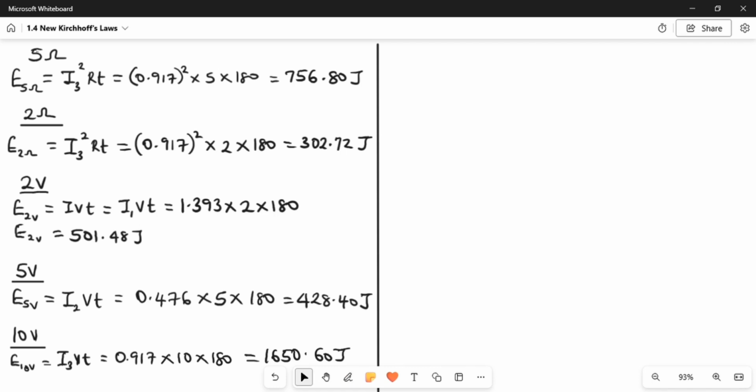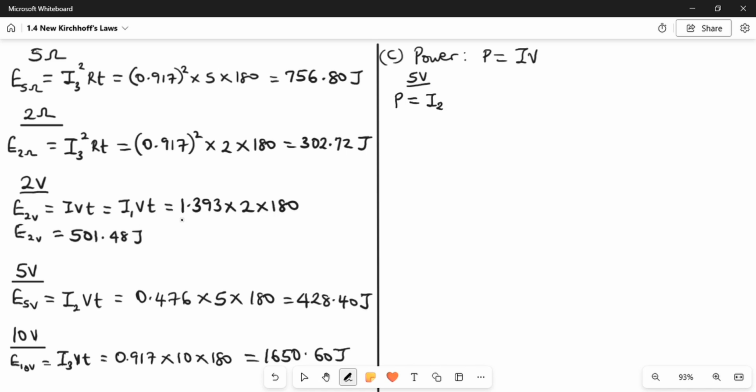Then part C says we should find the power dissipated by the battery. So for part C, for the 5-volt battery, power is equal to IV. Recall that the current through the 5-volt battery is I2.